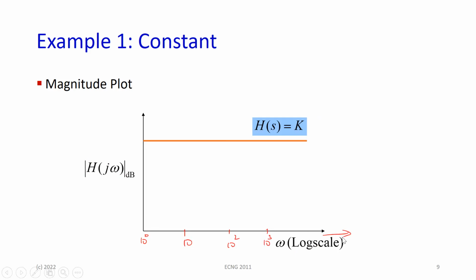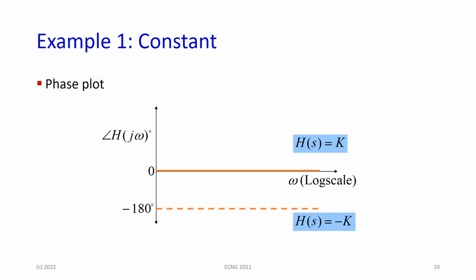Just a constant. And then the phase is 0, because a positive number doesn't have any phase angle. If it is a negative number, then the phase is minus 180. So either way, the phase will be at 0 degrees or minus 180. And again, it's just a straight line.